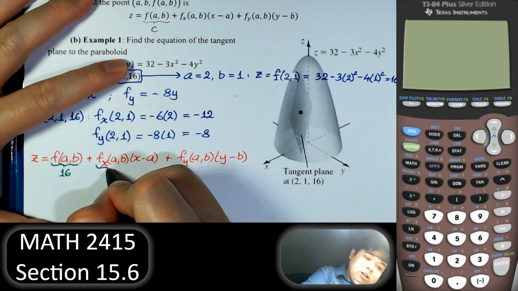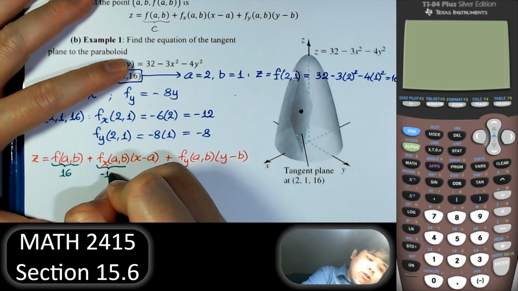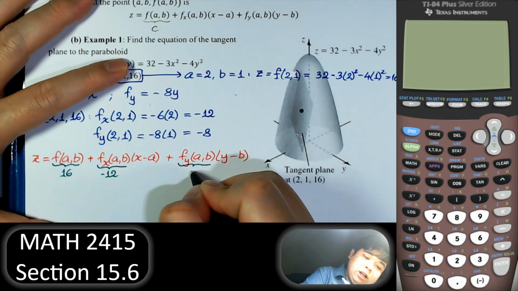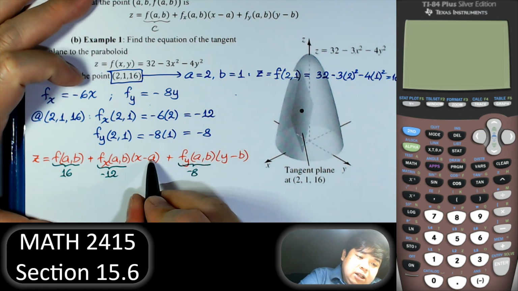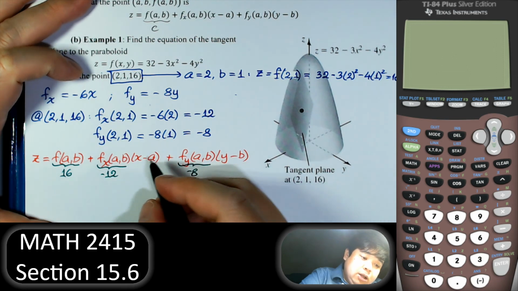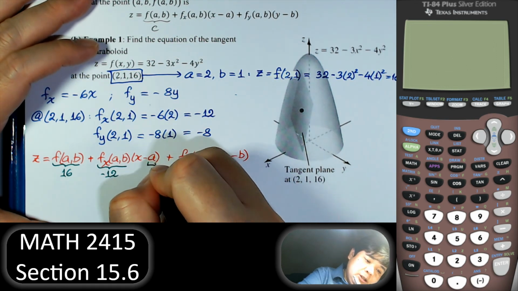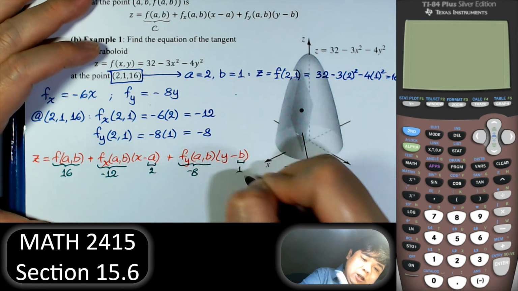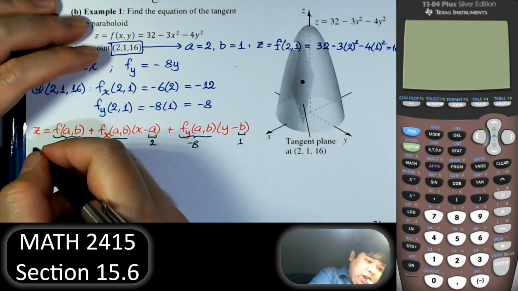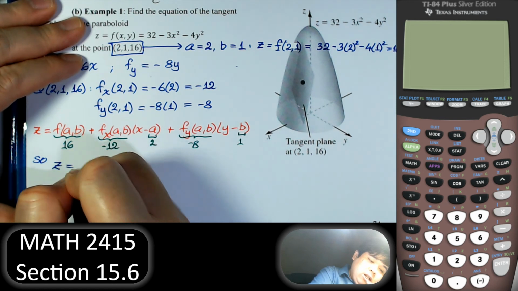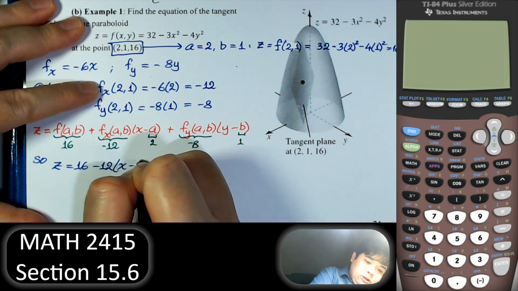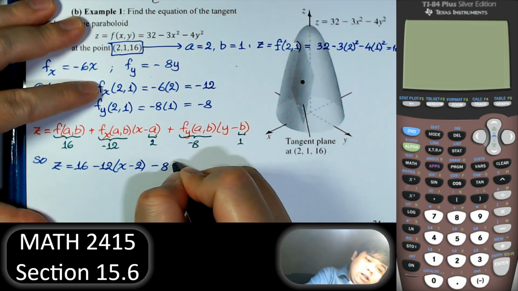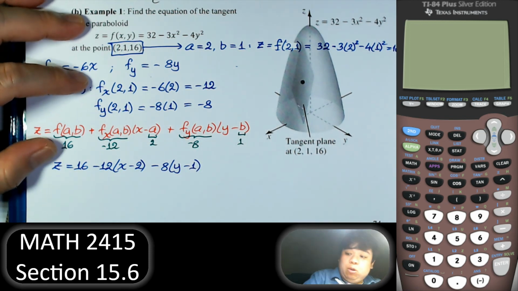Derivative with respect to x, negative 12. With respect to y, negative 8. And a is 2 and b is 1. Right. Put everything in the equation. So we have z equal to 16 minus 12 times (x minus 2) minus 8 times (y minus 1). I'm going to leave it like that.